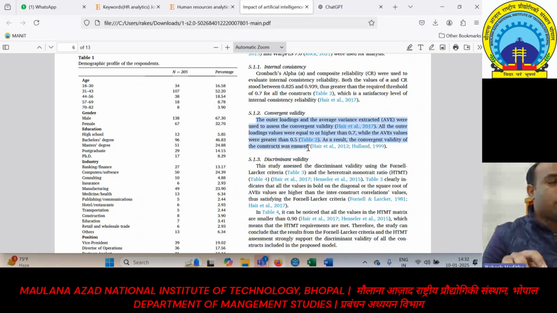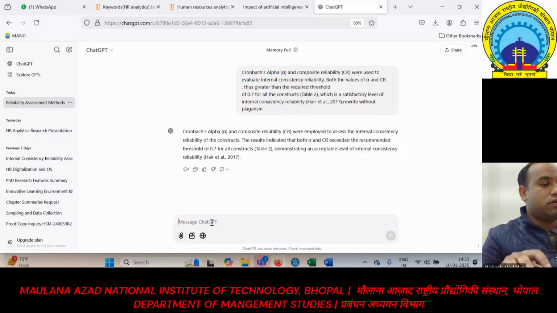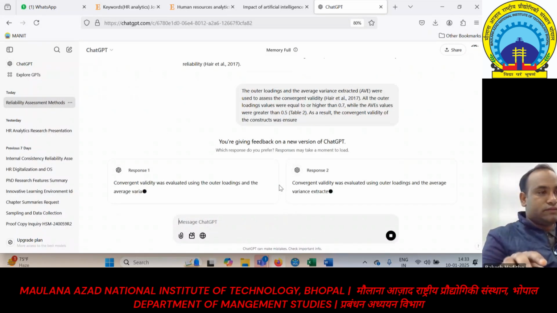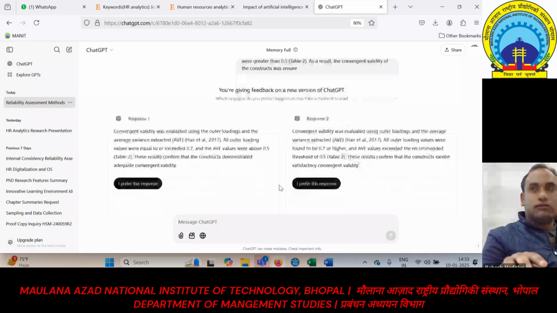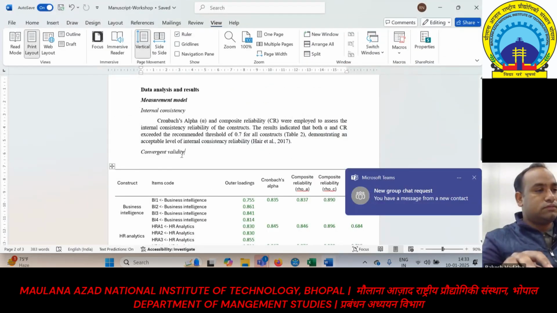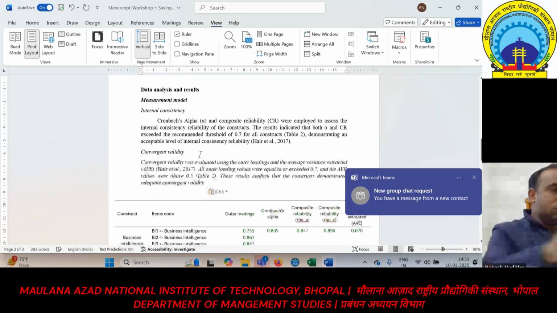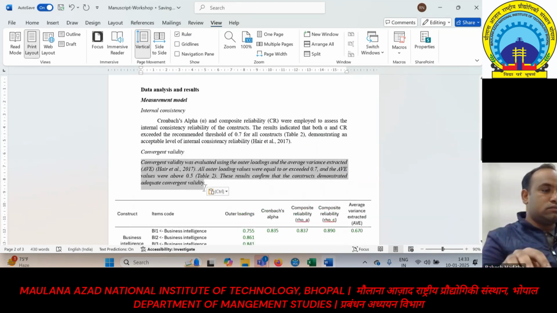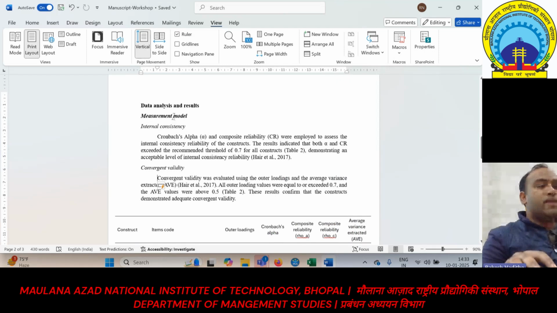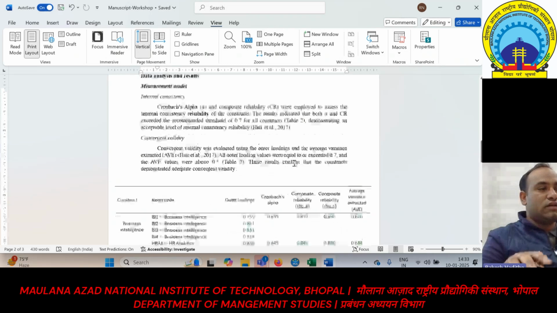Then the same thing I am copying and pasting. In the measurement model, we have tested internal consistency and convergent validity.